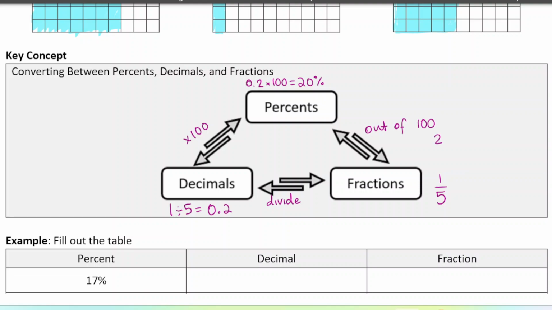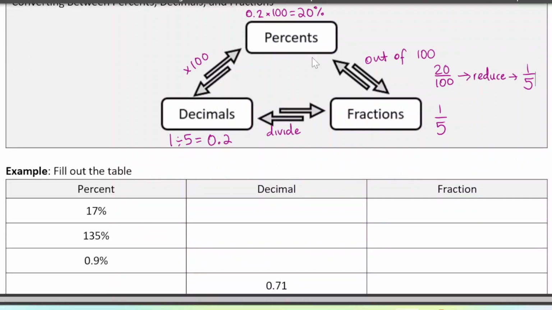So we'll see that we get 20 out of 100, which actually isn't 1/5, but if we reduce it by dividing the numerator and denominator by 20, we do get 1 over 5. So that's how you want to go between here. If you want to go in the other direction, you just do the opposite of these things. And we'll practice that in the table below.